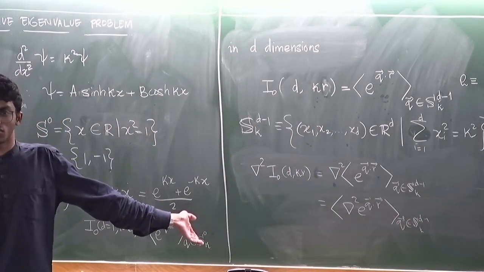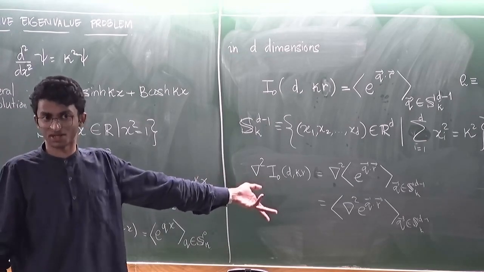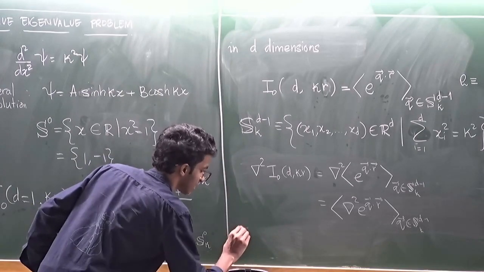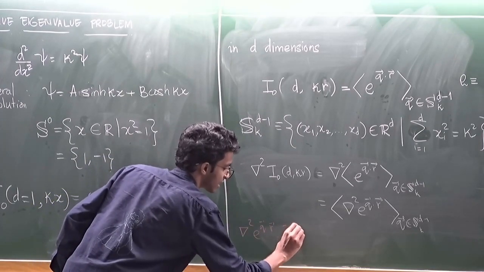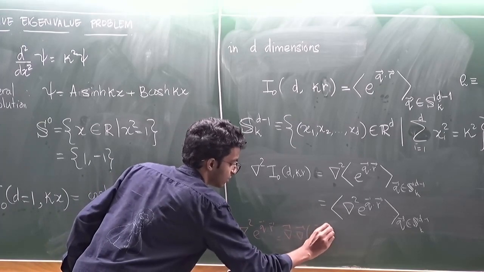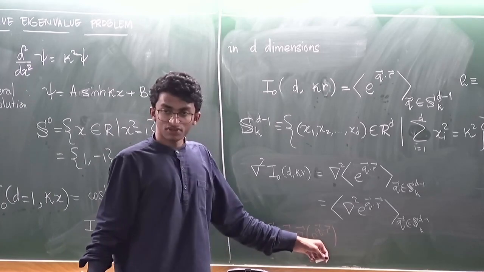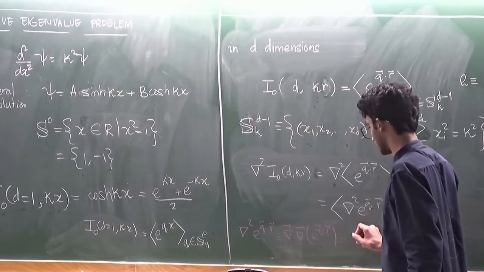And grad squared e to the q dot r is what? q squared times e to the q dot r. That must be easy to see, right? Because grad squared e to the q dot r is just divergence of grad of e to the q dot r, grad of a scalar function. You can do this in Cartesian and check if you want.